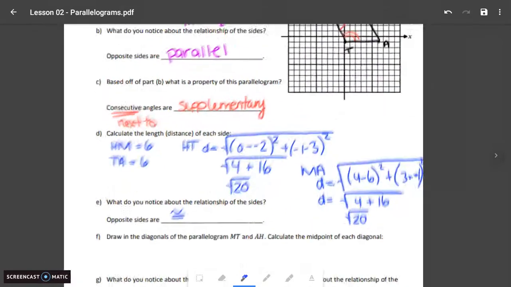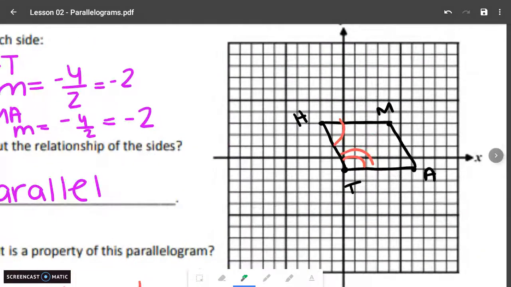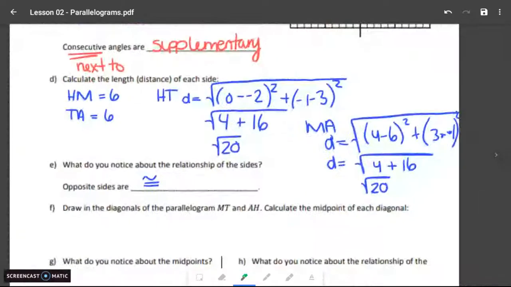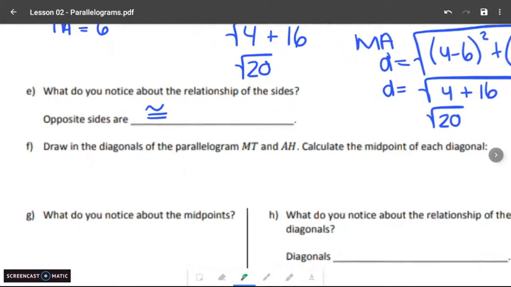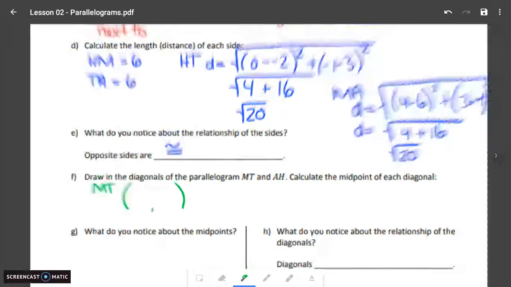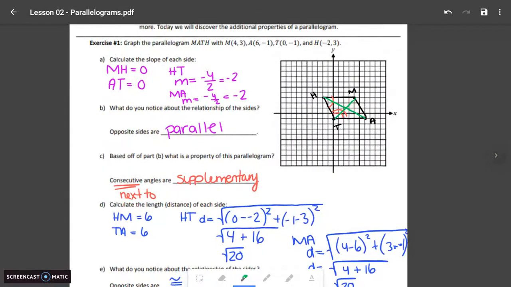Now the last thing we want to look at is the diagonals. So we're going to draw on the diagonals. Remember, we talked about them yesterday. It's HA and MT. Now, we want to calculate the midpoint of each diagonal. So we're going to look at MT and calculate the midpoint. Now, the midpoint formula we haven't seen in a while. Remember, we add the x's, divide by 2, and add the y's divided by 2.